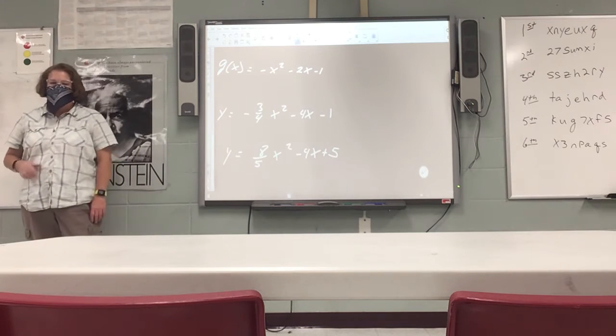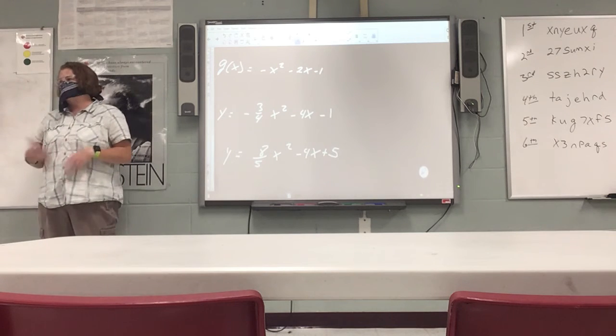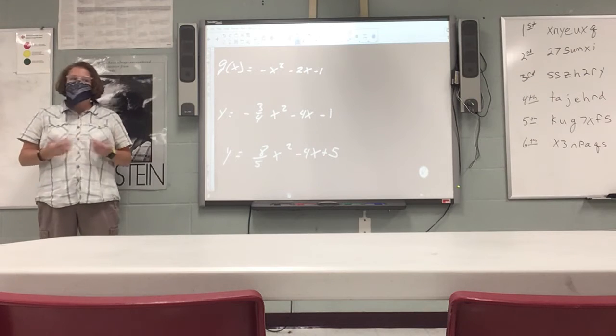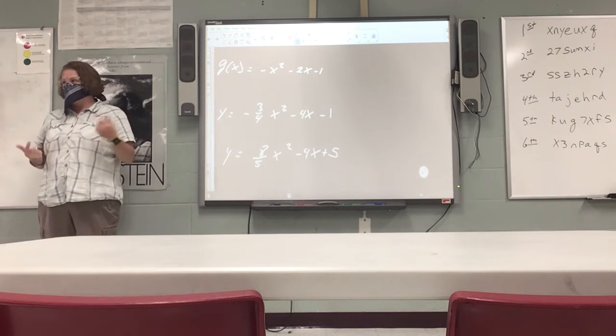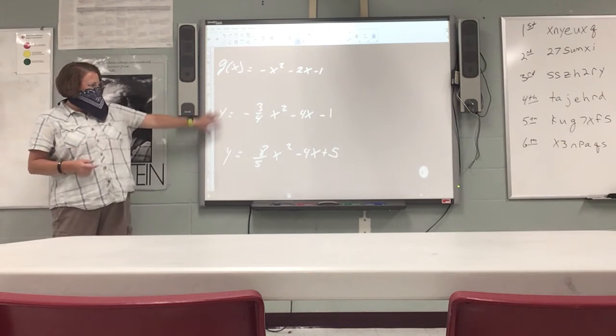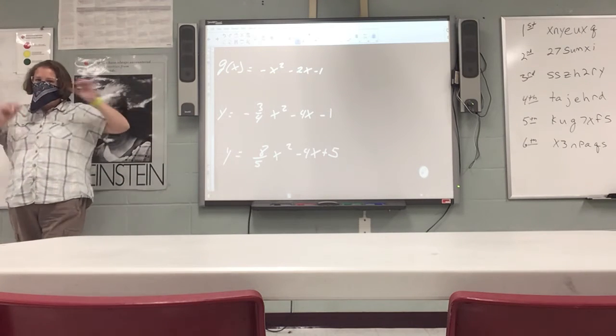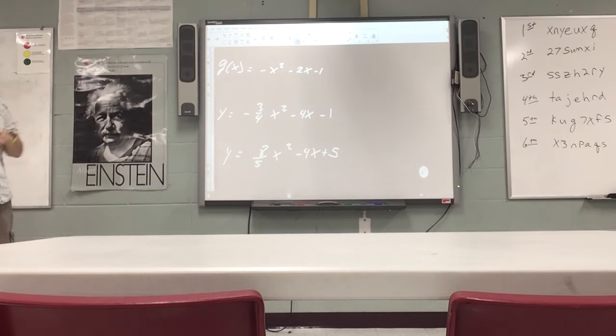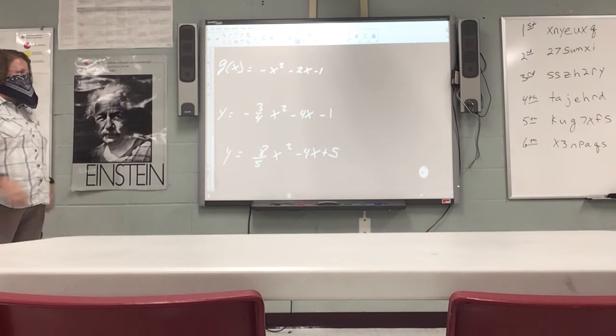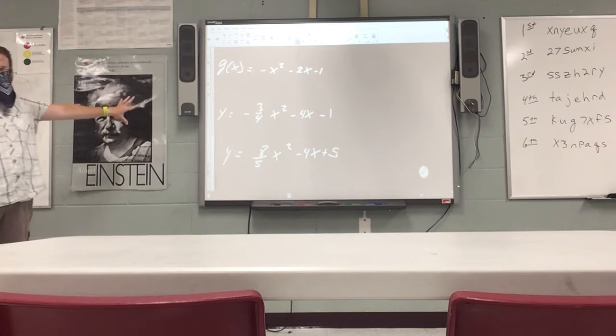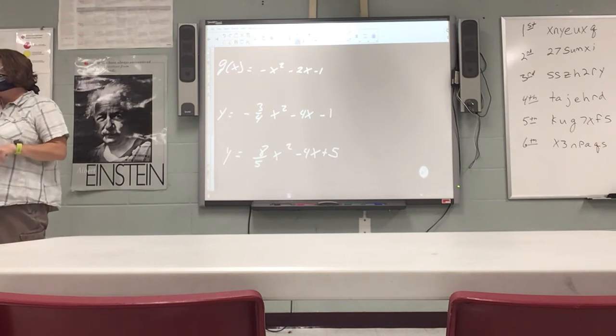Alright, on the 4 that you had for an assignment yesterday, somebody in one of the other classes commented that number 1 was real easy, but then the other ones had fractions. Well, you do them the same way, you just now have to deal with the fraction. So that's why I put these 2 bottom ones on there that have a fraction. So I'm going to leave this here, and I'm going to give you a few minutes, and y'all can work with each other, or just try it on your own, but I want you to see what you can come up with.